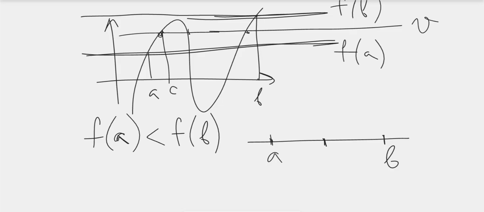We denote a also as a1 and b also as b1, and the middle of this interval we denote as c1, which is a1 plus b1 over 2, exactly the middle of the interval.